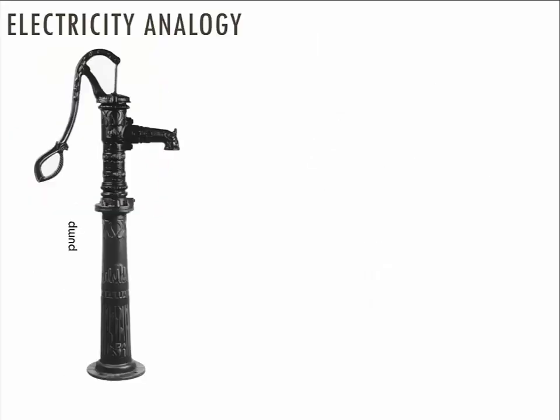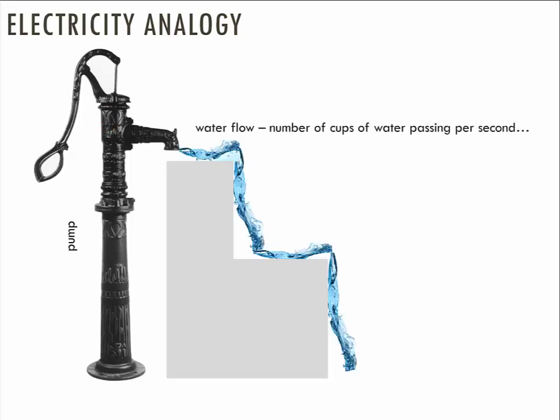I want to introduce, or review almost, some of those concepts with an analogy. Now you have to remember that analogies can only go so far in representing really what's going on in the circuit. So we might talk about a couple of different analogies. So in this one we have a pump, and the pump is pushing water up to a higher gravitational potential energy, and then the water is flowing down some waterfalls.